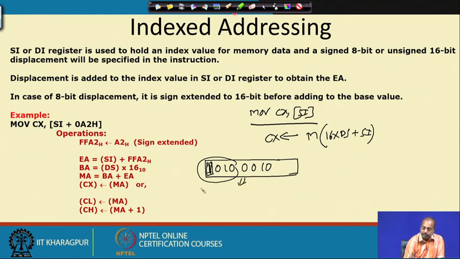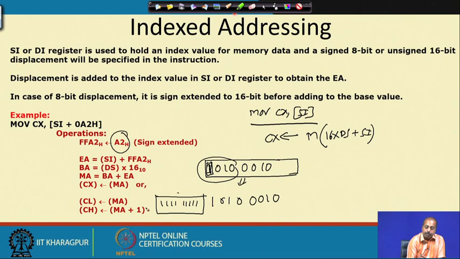Since this is negative, the sign extension makes all the upper bits 1, so that it represents the same number A2 hex in 16 bit notation.